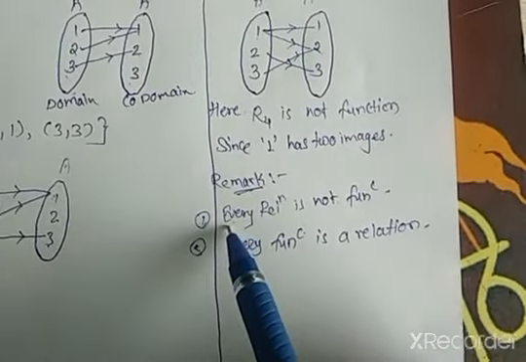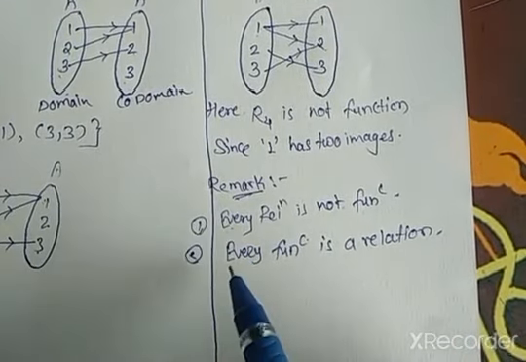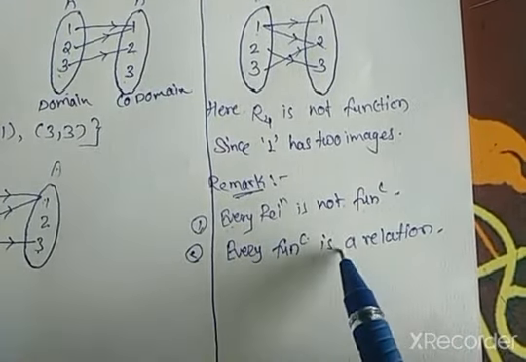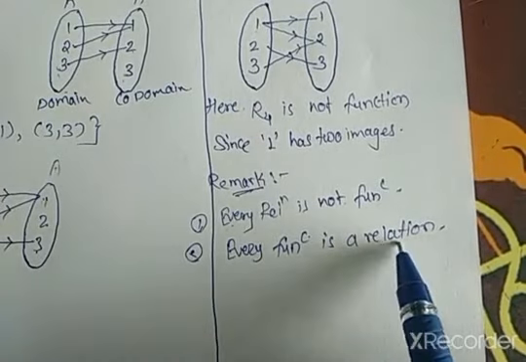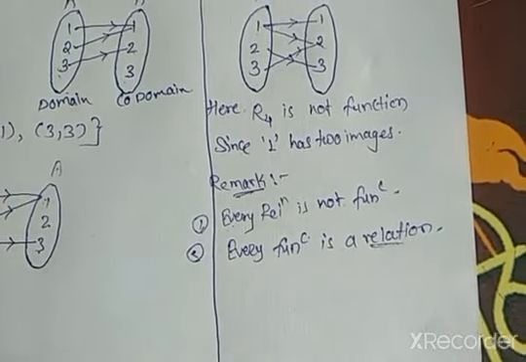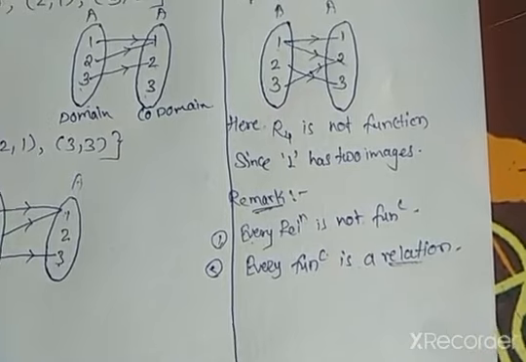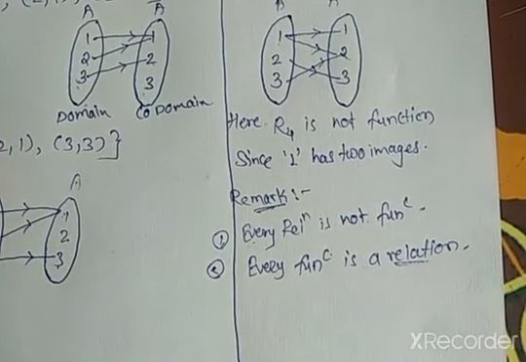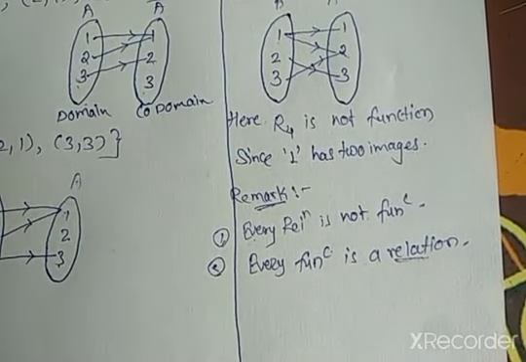These are examples for the first remark. For the second, every function defined on set A to B or A to A is always a relation. I think you will get it easily.